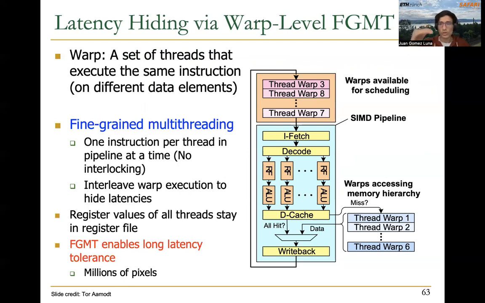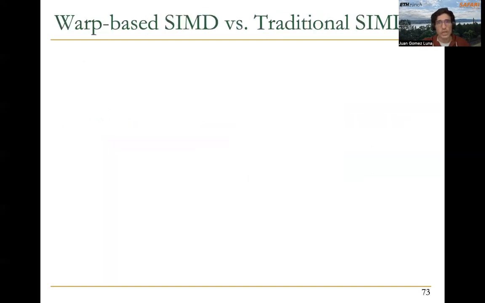You are executing instructions for a warp, and at some point this warp needs to go to memory to fetch data, an operation that may take hundreds of cycles. While this warp is going to memory, instructions from other warps can be executed on the pipeline, and this way we take advantage of the existing resources.